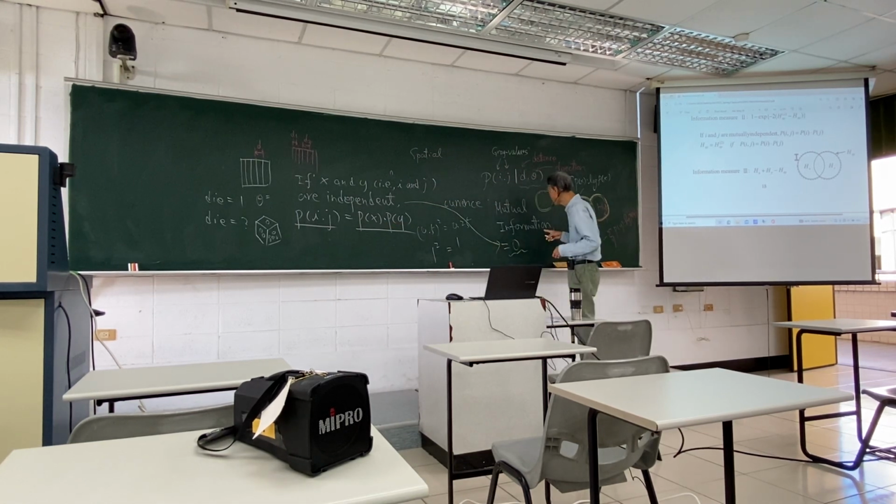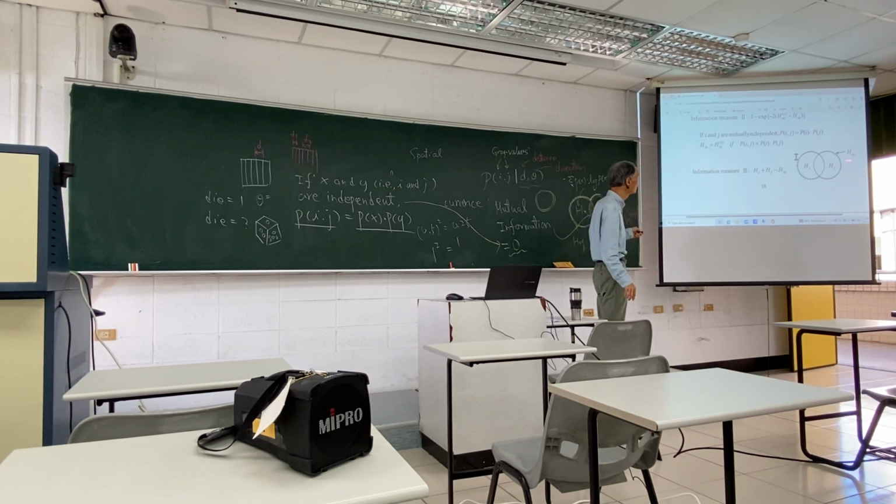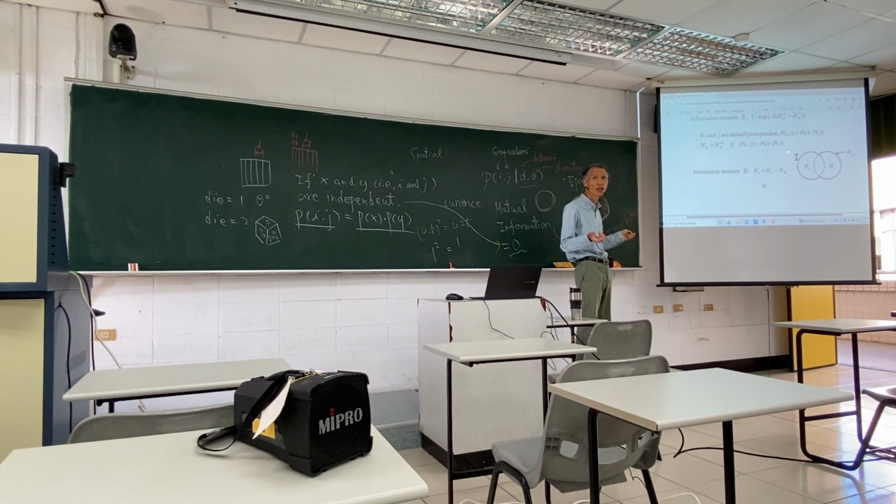And this is how we define the mutual information: the entropy of x plus the entropy of y minus the joint entropy of x and y. That's it. So mutual information is another measure for the texture complexity.